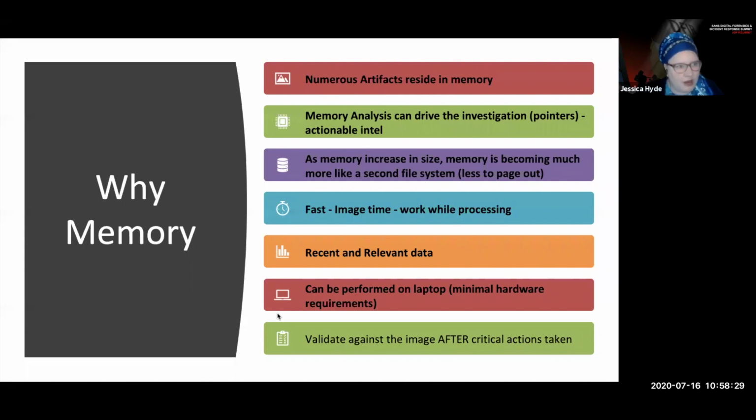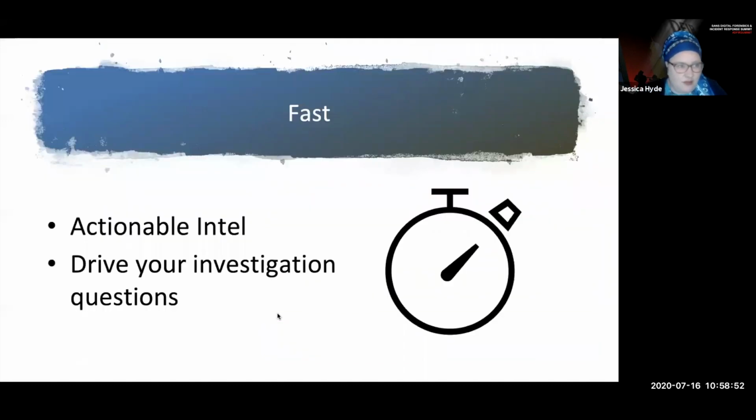A really good parallel is for those of you doing mobile forensics and seeing data not being stored on the device anymore and only being stored in the cloud. Likewise, things aren't being written to the page file and they're only being written to active memory. So really good, valid point. You might not even have this evidence if you have the disk. So that really brings us to that actionable intel that can drive your investigation questions.